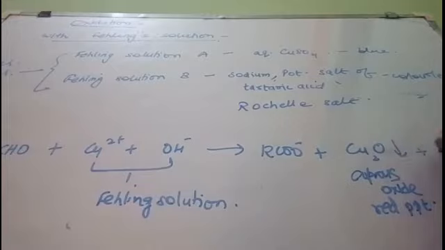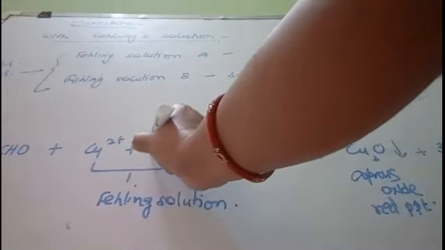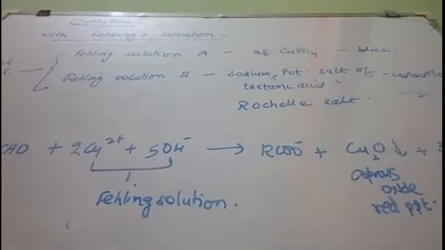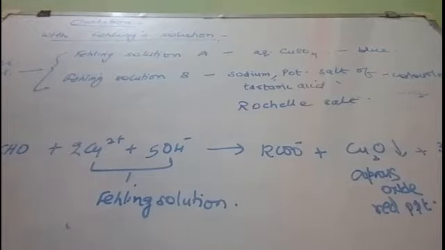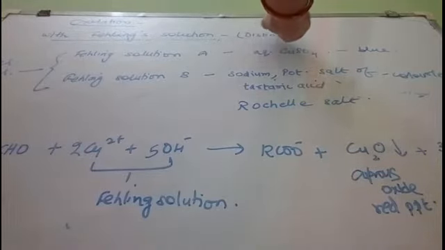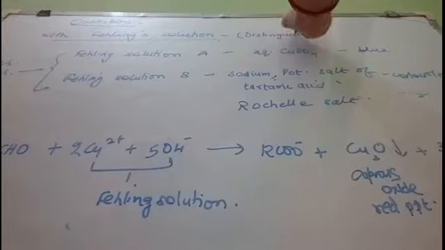So if a red precipitate is formed, you identify that the given compound is an aldehyde. This is also a distinguishing test between aldehydes and ketones.